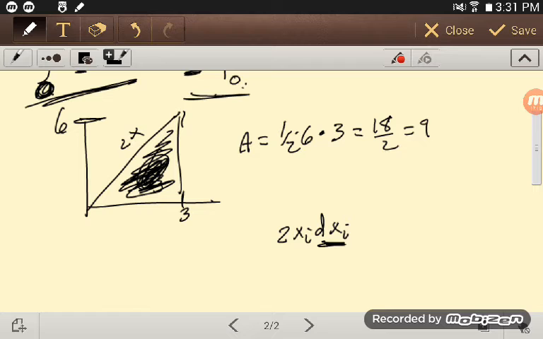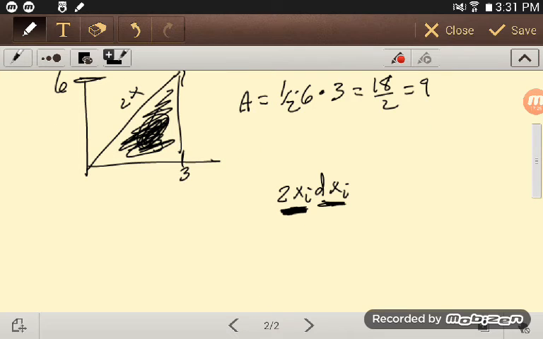Okay, I'm adding up a bunch of things that are some function evaluated at a point times a little small jump in the x. So, a little small jump in the x, a little bit of the function, and I can interpret that as, here's my dxi, and then the slope here happens to be my 2xi.